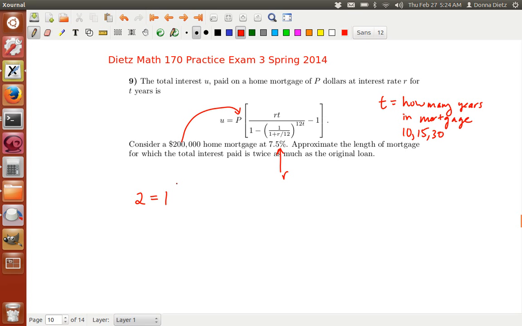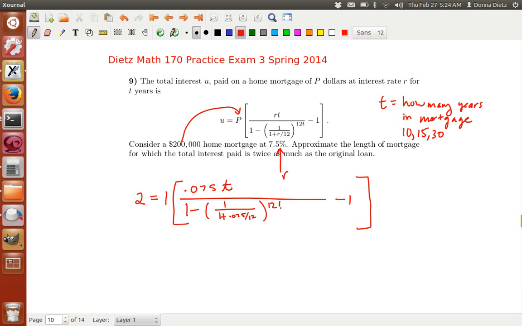Okay, so total interest paid, let's see, it doesn't matter that it's 200,000 and 100,000. And so let's just figure out R is 0.075. Here's T. And the denominator is going to look like this: 1 minus 1 over 1 plus 0.075 over 12 to the 12t.